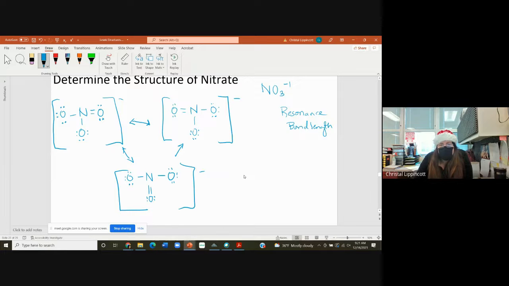Okay. And then my resonance structures are drawn. My bond length would be what? 1.33 repeating. And that means that I got that because I had 4 bonds over 3 bond sites.